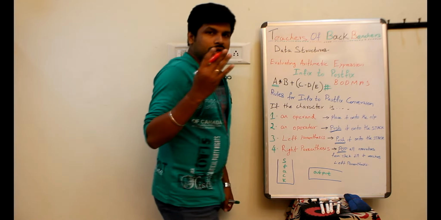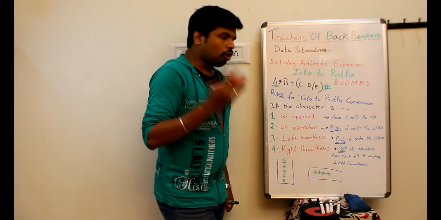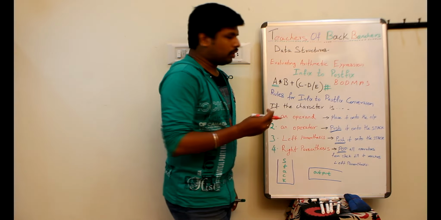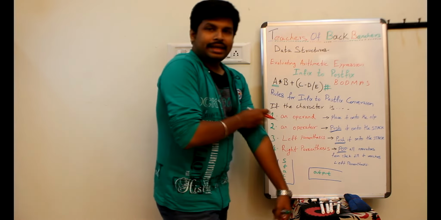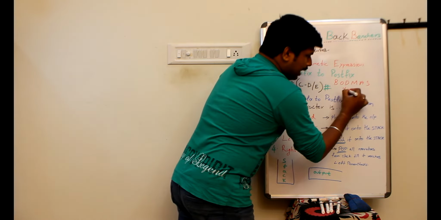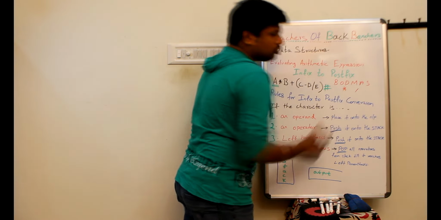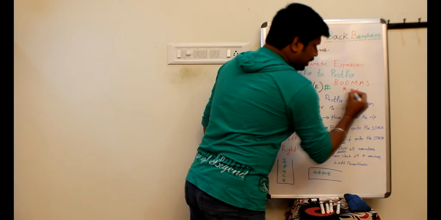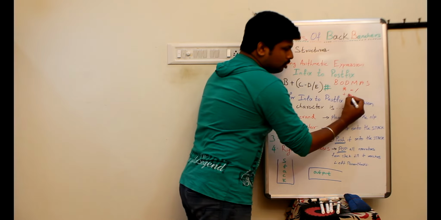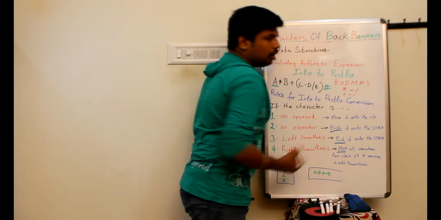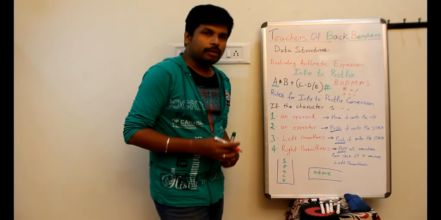There are totally four common arithmetic operators which we are going to use in an expression, correct? The priority indicates that the star operator and slash operator are of equal priority, and the plus operator and minus operator are of equal priority.